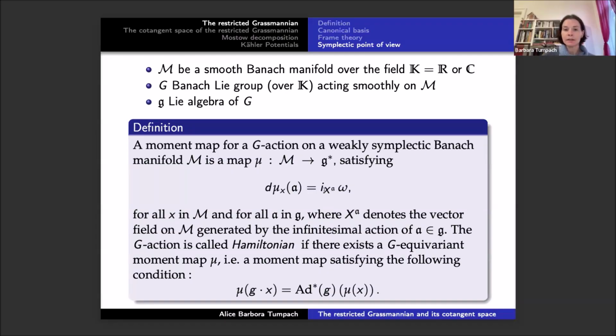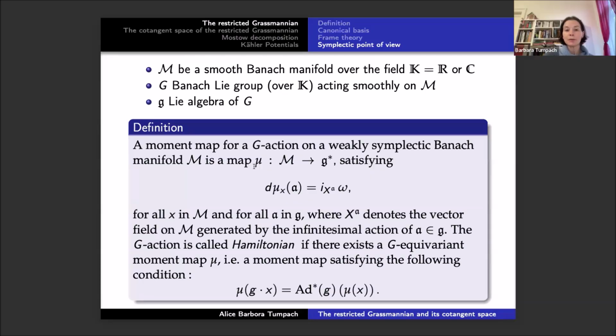In particular, it gives a vector at the point x, which we can put inside the symplectic form to get a one form which eats some other vector.